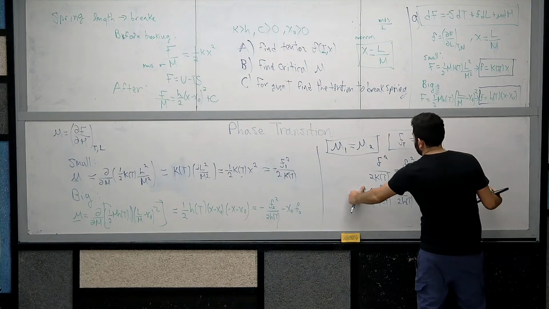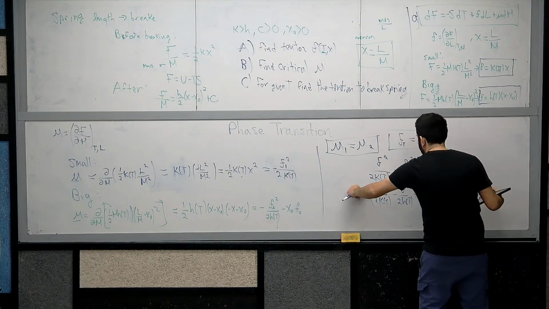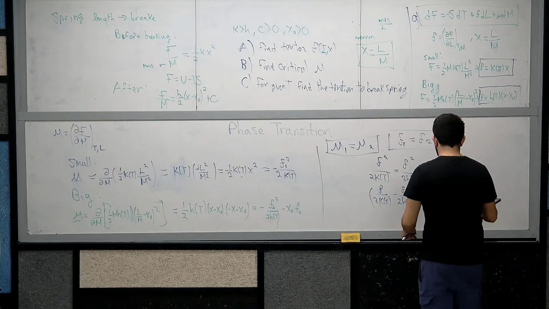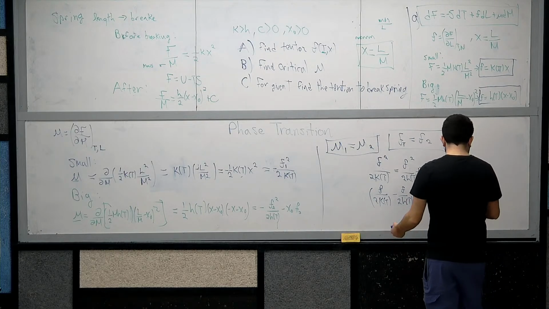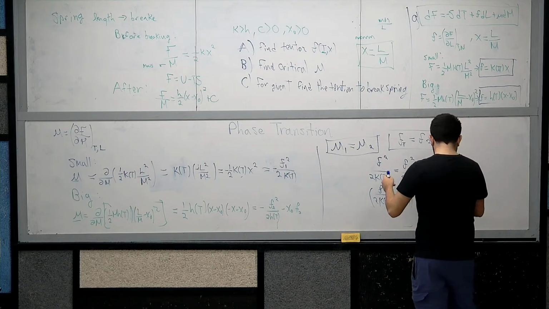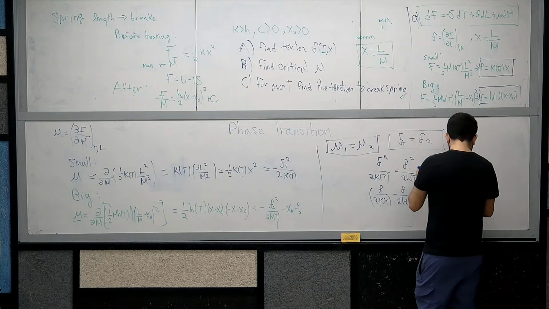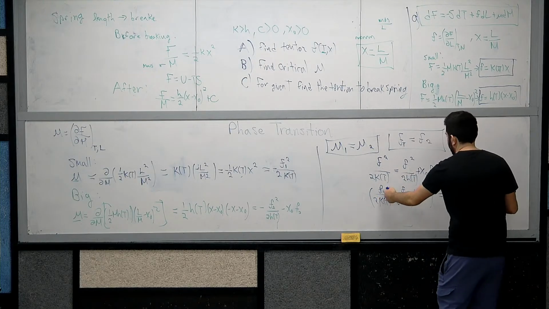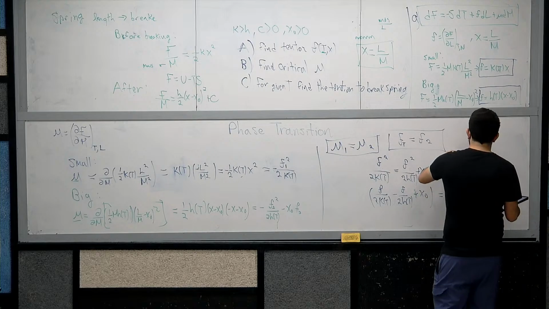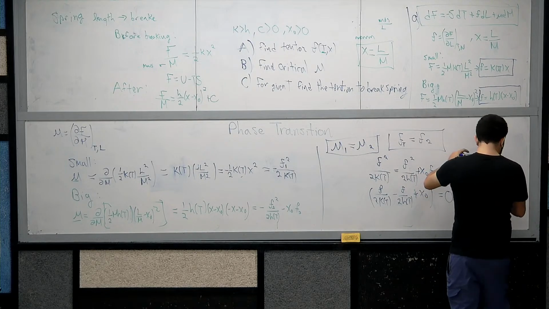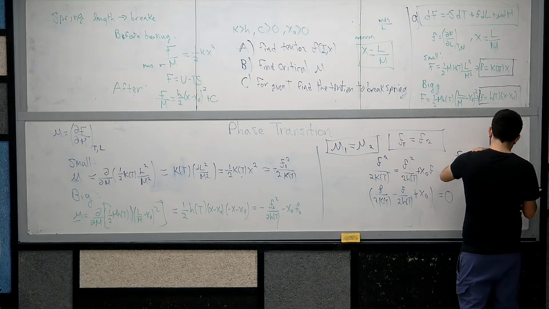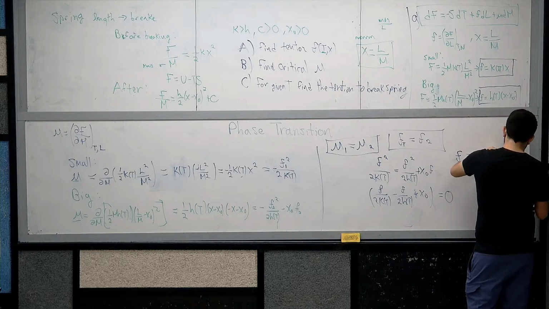I can divide both sides by this, and this would be the equation. And finally I can solve for the tension, and the tension is given by 2k of t, h of t.